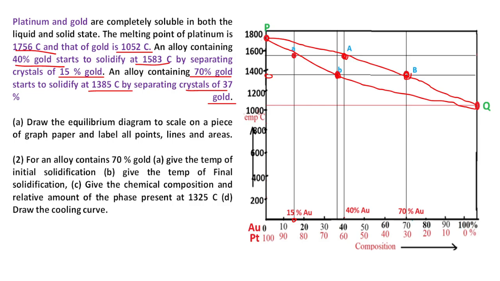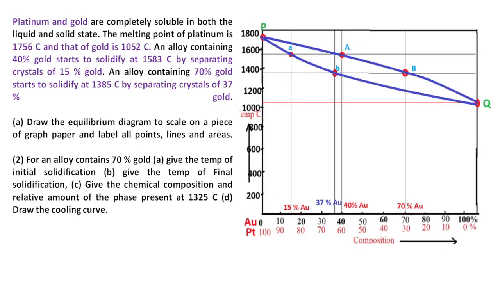The first task is to draw the equilibrium diagram of platinum and gold. Next, for an alloy containing 70% of gold, give the temperature of initial solidification and the temperature of final solidification.